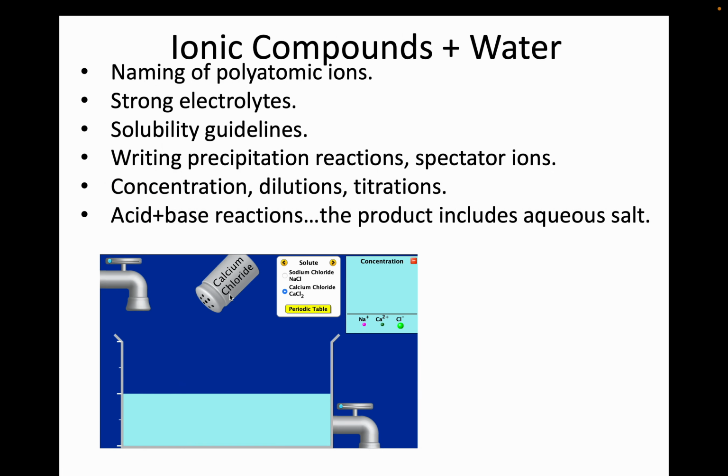When it comes to ionic compounds and their behavior in water, important topic for us in Chemistry 1210, also in Chemistry 1220. We've done a lot with this. We've been working on naming polyatomic ions. That was back in Chapter 2. In Chapter 4, we looked at their description as strong electrolytes.